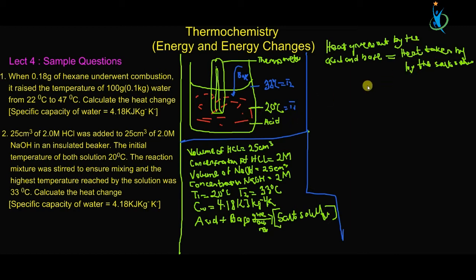And so what do we know? We only know the specific heat capacity of the water. Here, we are going to make a little assumption. Have you gotten that? They didn't give us anything about the salt.